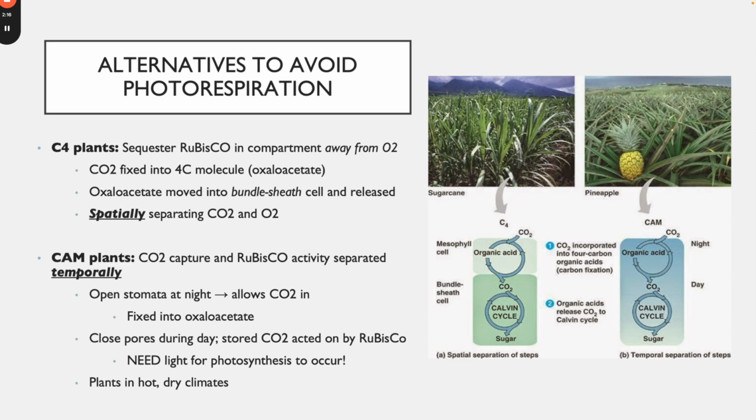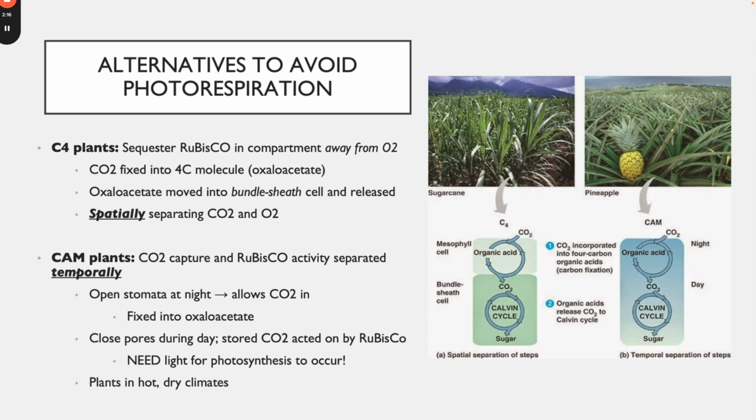Now what ends up happening is carbon dioxide goes through this reaction and gets incorporated into a 4-carbon organic acid. So basically, carbon dioxide gets fixated by a different enzyme, and then because it forms this new fixated organic acid with the carbon dioxide, it's going to be able to transfer from the mesophyll cell and basically translocate into the bundle sheath cell.